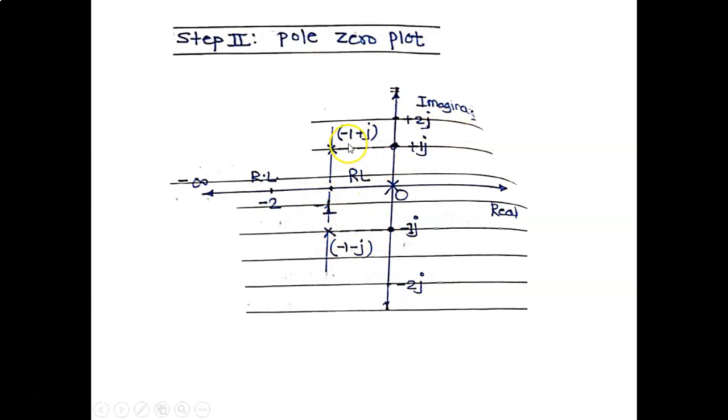It is an odd number. Therefore, between 0 and minus 1, root locus region exists. Also, towards left side of minus 1 up to minus infinity, root locus region is there. Therefore, this is the root locus region and no root locus region. X axis is known as real axis, y axis is known as imaginary axis.